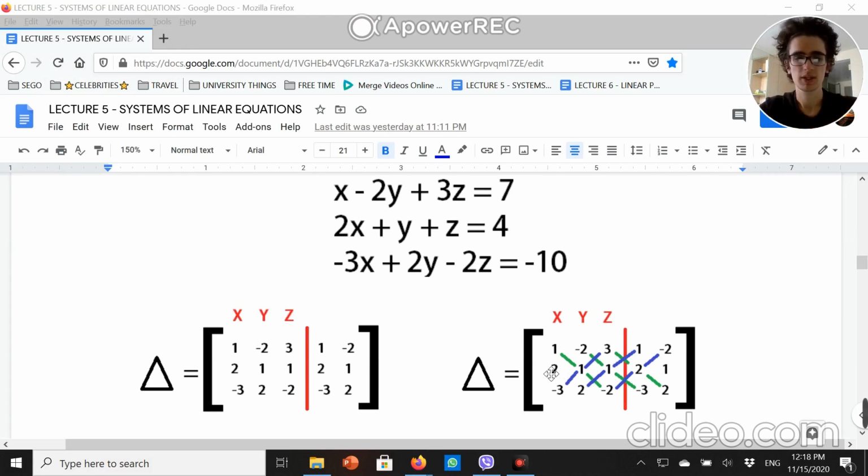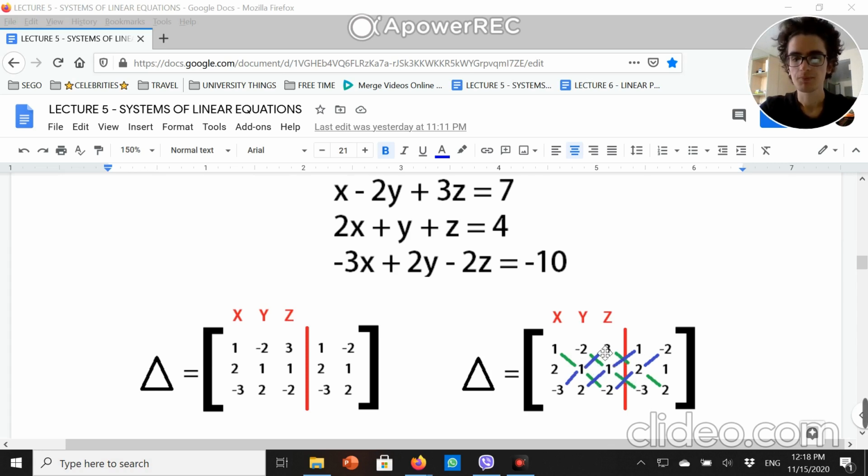So what do I mean by that? In order to get our delta, we would multiply 1 times, so we go down and right, 1 times negative 2. Then we take a look at this one: we multiply negative 2, and then we go down and right 1, then down and right negative 3. So negative 2 times 1 times negative 3.